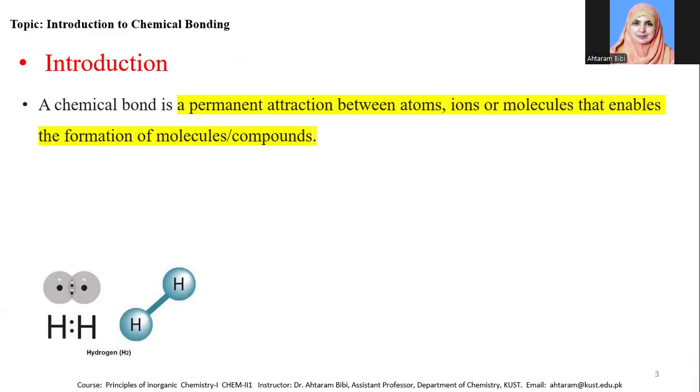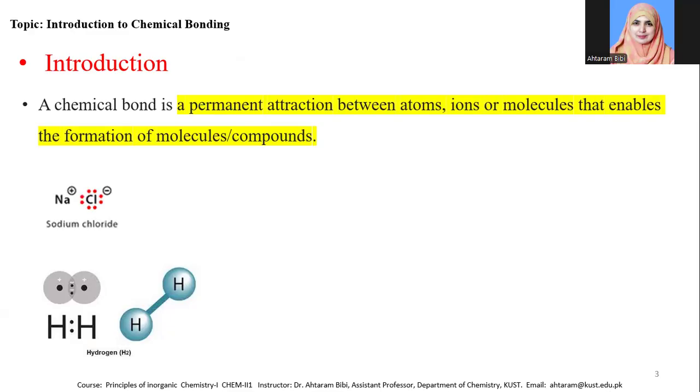Each hydrogen shares that one electron. There is a force of attraction between these two hydrogen atoms to form a hydrogen molecule, and it is formed by the sharing of the valence electron of the hydrogen atom.